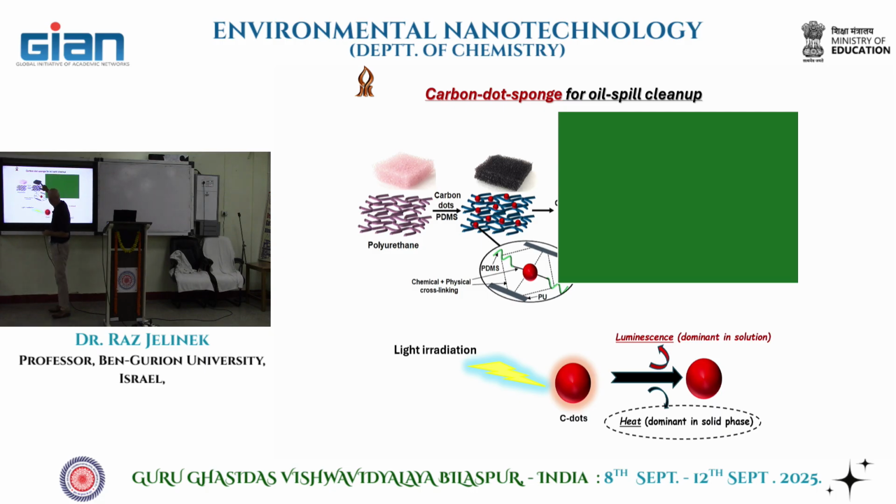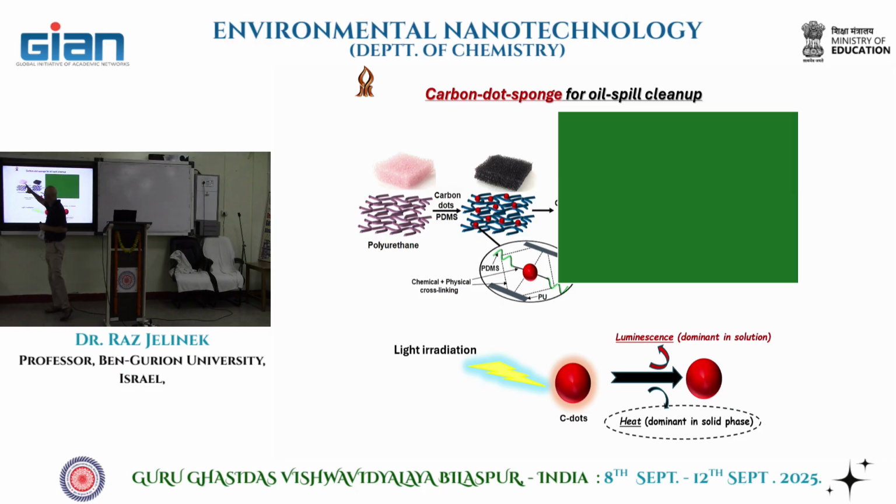The important thing is that now we have polyurethane with many, many carbon dots sitting inside. This is a real picture. That's how it looks. Carbon dots are dark brown, so we can see visibly that the carbon dots are inside.